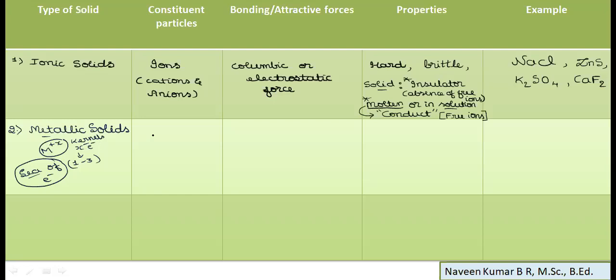In general, we can take the positively charged metal ions, which are surrounded by a sea of electrons or mobile electrons.